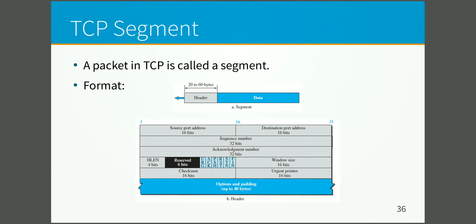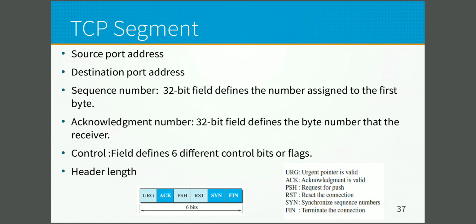Then following the 4 bits, we have a reserved 6-bit field which is used for future purposes, followed by 6 bits which indicate different flags. These flags together are also referred to as the control field, which contains 6 different control bits or flags.